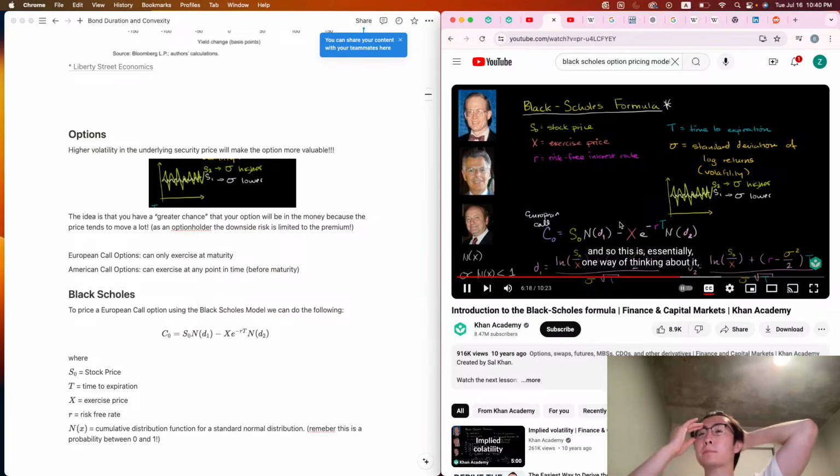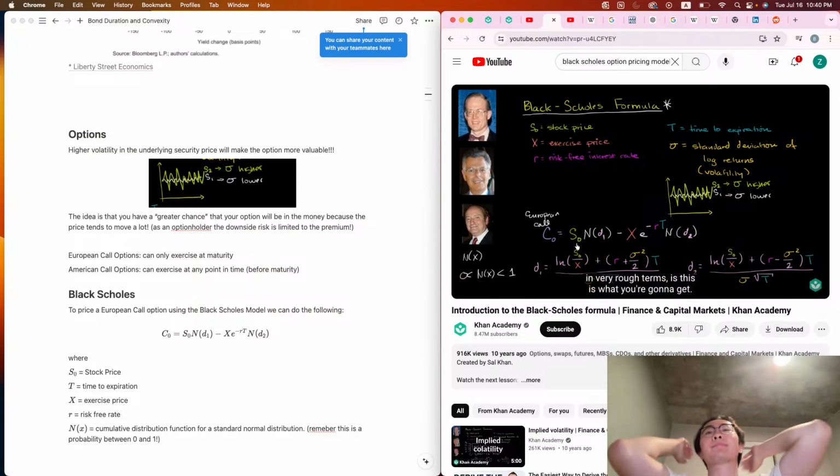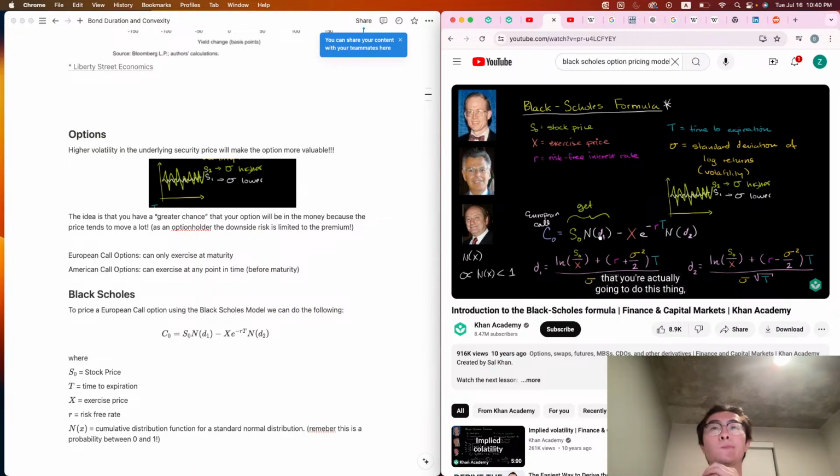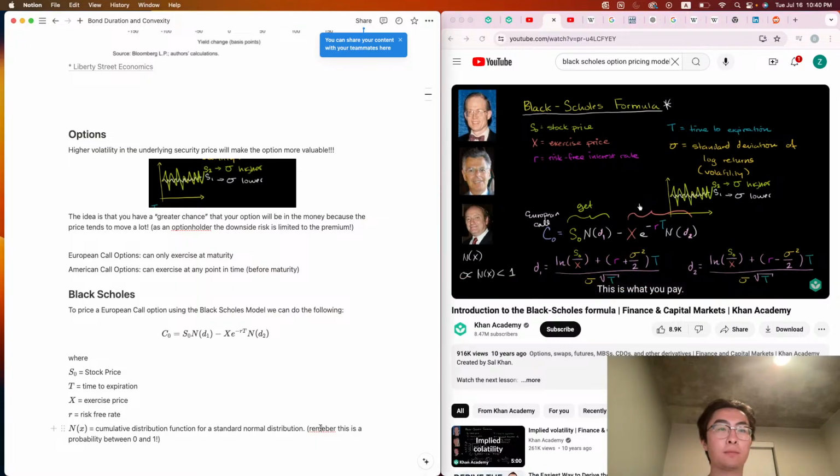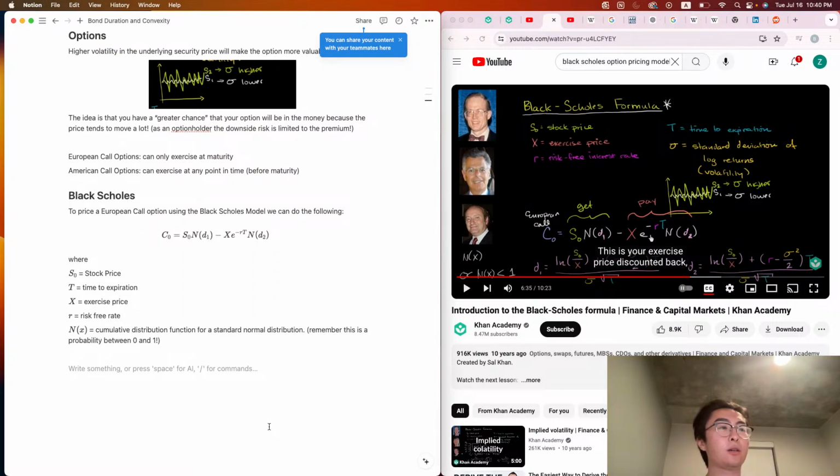One way of thinking about it in very rough terms is that you're going to get the stock, weighted by the probability that you're actually going to do this thing. And then this term right over here is what you pay. This is your exercise price. So it's breaking down the Black-Scholes model in rough terms.